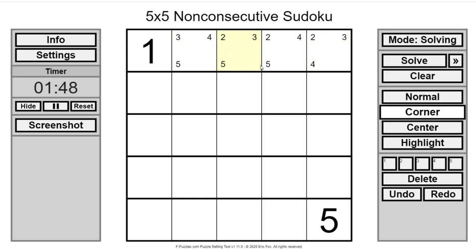This couldn't be a 4 because of the 5's. This is either 2, 3, or 4, so this couldn't be a 3.